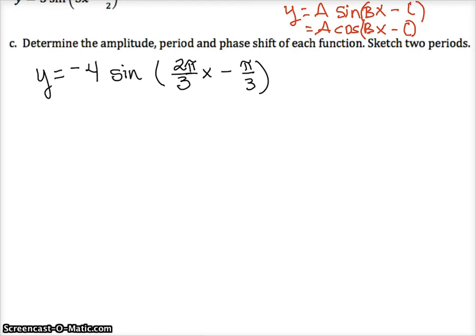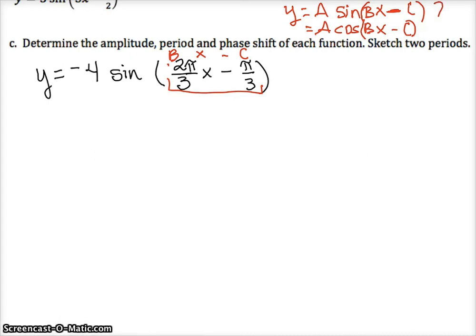So when you see 2 pi over 3x minus pi over 3, this represents b times x minus the c value. And remember, the reason I have a minus in the formula is because when we take that c value out, it goes in the opposite direction.